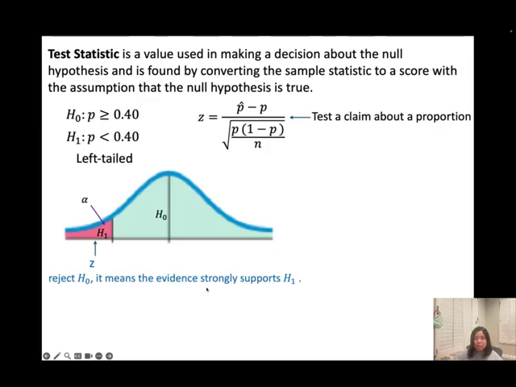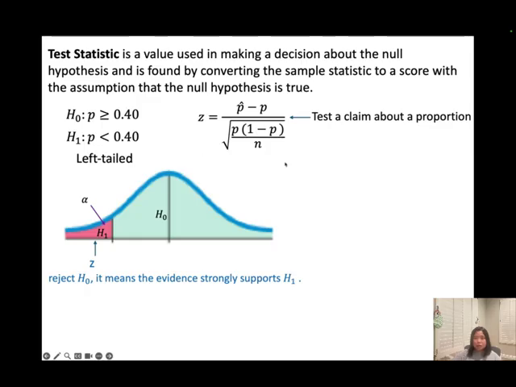It means the evidence strongly supports the alternate hypothesis. One more time: after we collect the sample data, we plug into the formula of the test statistic and find the z-score. If your z-score is located on the left tail at this part, then we say reject H0, reject the null hypothesis. We have sufficient evidence to support that the alternate hypothesis is true.